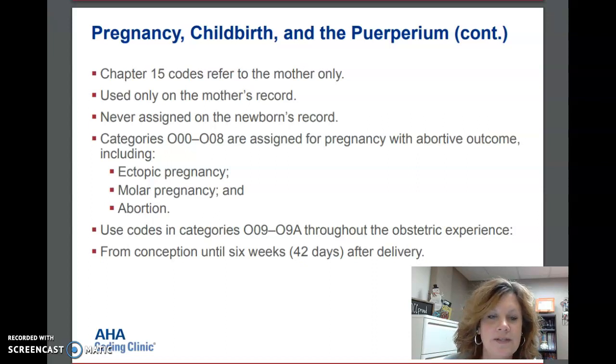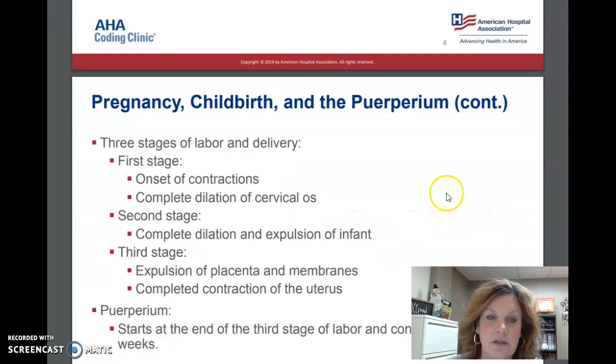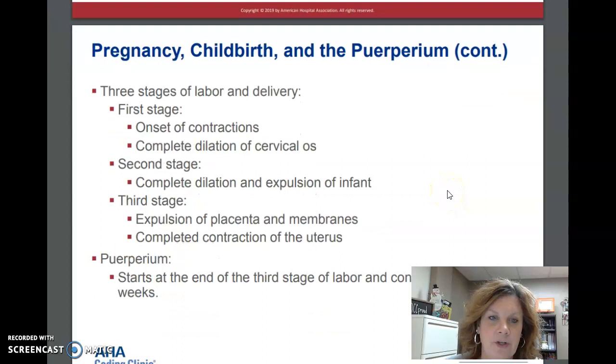So let's start. We're going to talk about the whole obstetric experience from conception until 6 weeks after delivery. Keep in mind that a delivery can be up to 42 weeks. There are 3 stages. The first stage is the onset of contractions through complete dilation of the cervical os.